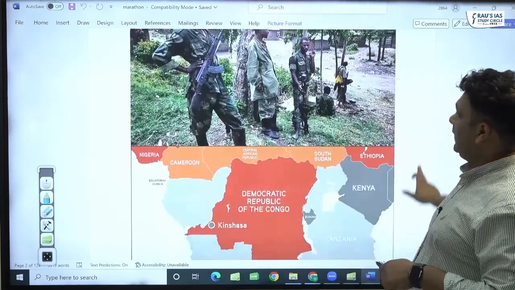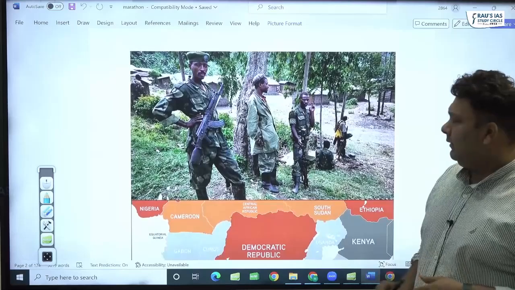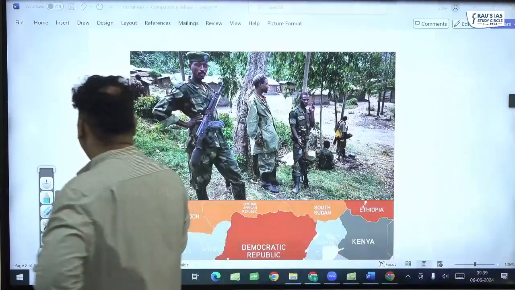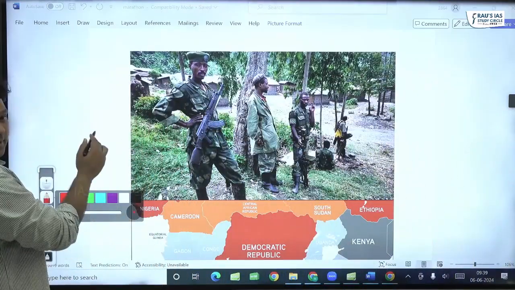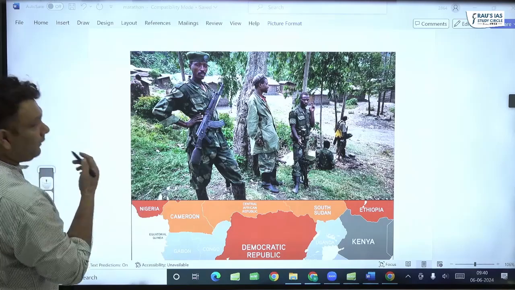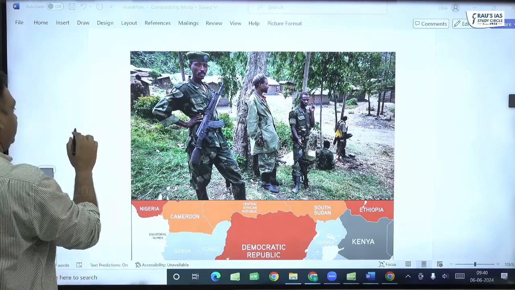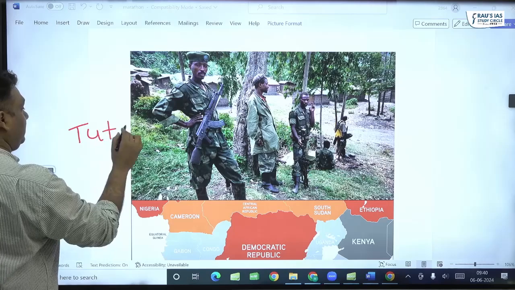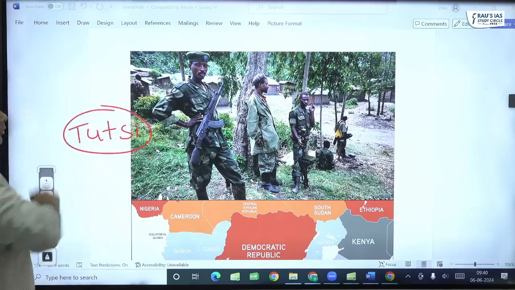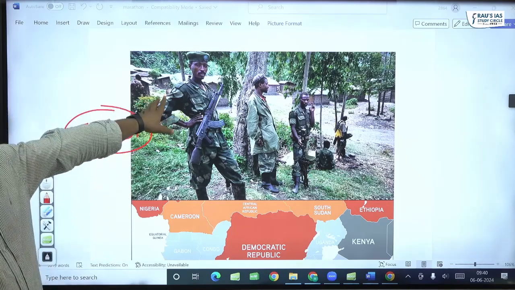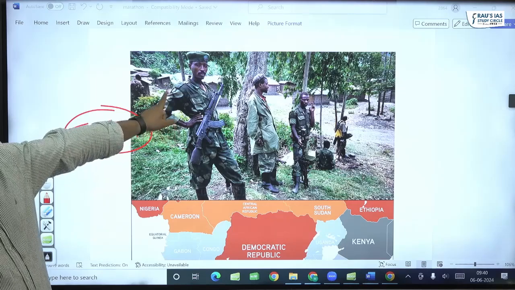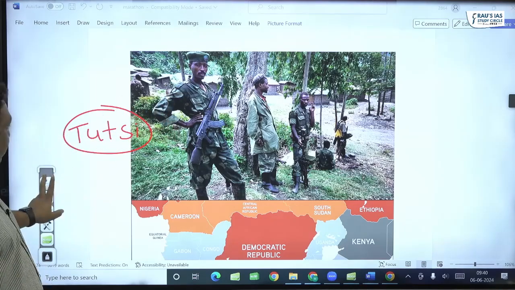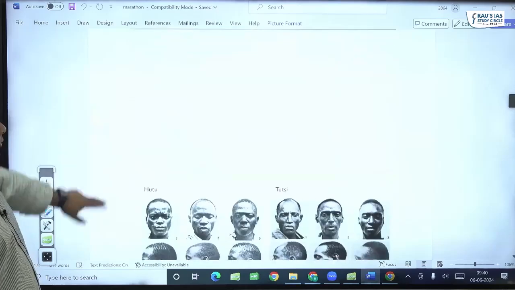यहाँ पे conflict क्यों हो रहा है? So you can see the people here, these are peacekeepers. They belong to an ethnic group called Tutsi. Remember the features over here. Now let's see the differences between Tutsi and Hutu.